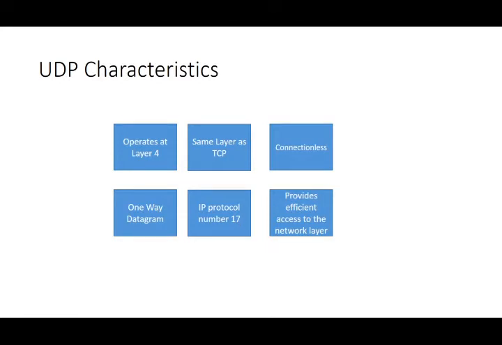The reason that we use UDP is because it provides efficient access to the network layer without the overhead that we would see with TCP. So we don't have the reliability. We don't need the reliability mechanism. UDP is all about efficient access to that network layer.